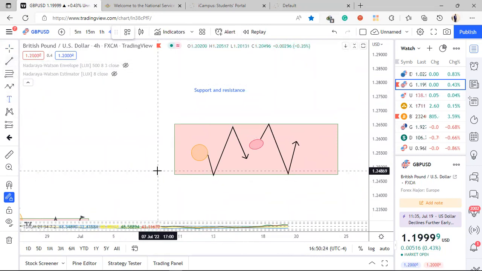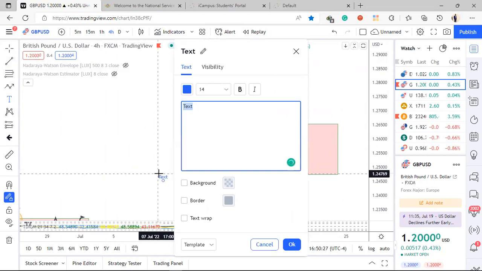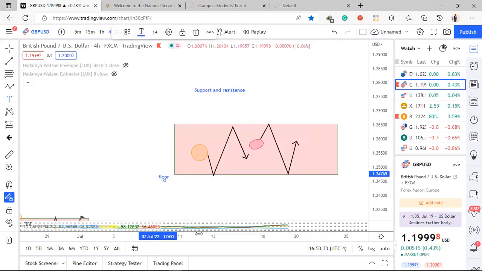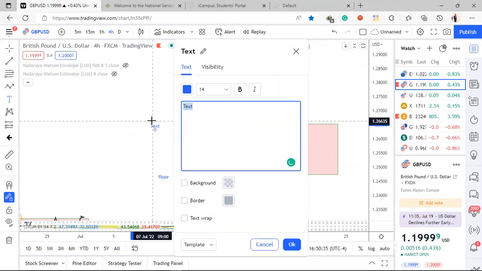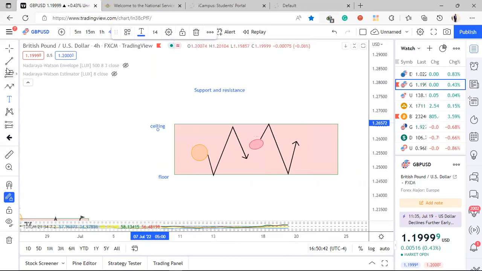Because in the room at this side, the floor of the room is there. At this side, the ceiling of the room is there.